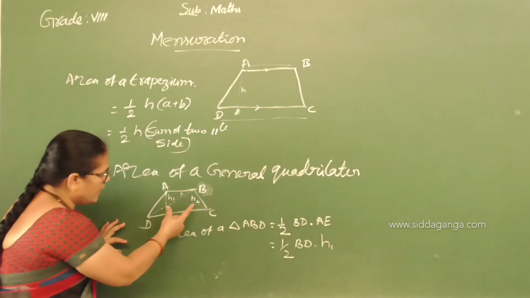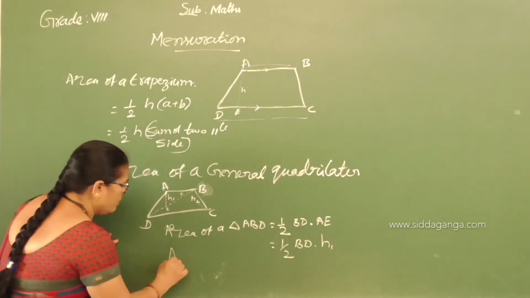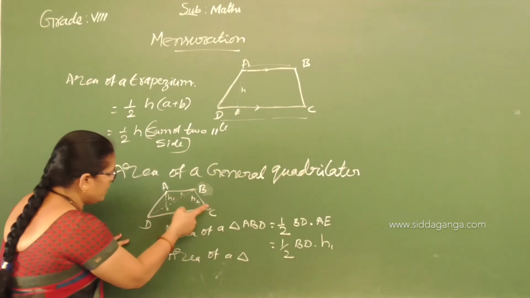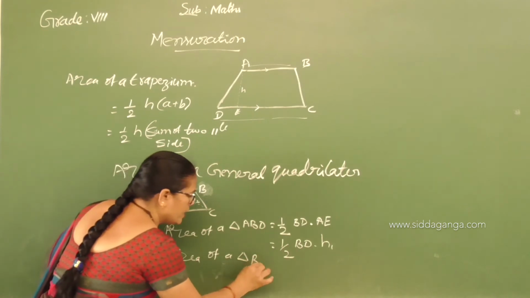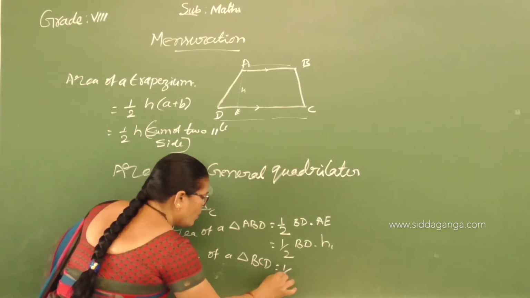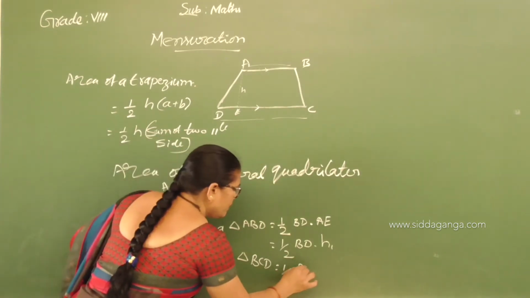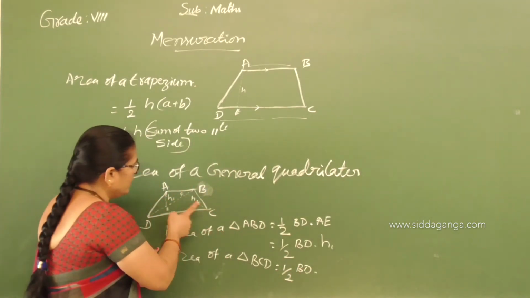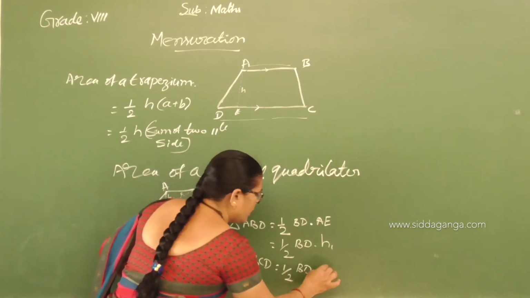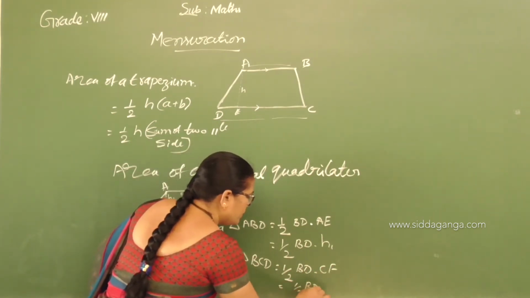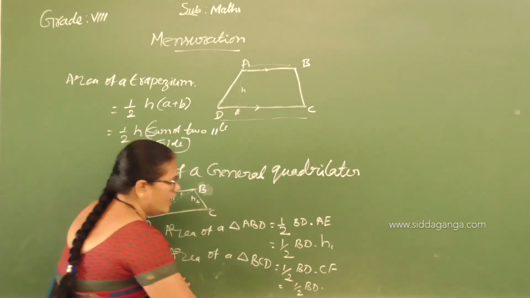Next I can take the other triangle. Area of triangle BCD is equal to half into base BD into the perpendicular CF, that will be equal to half into BD into CF. We take this as H2.